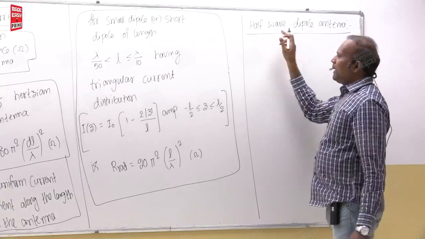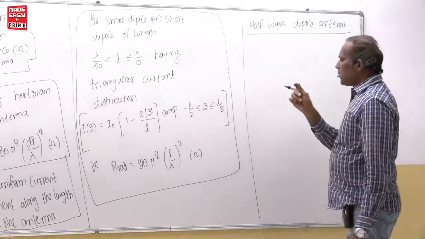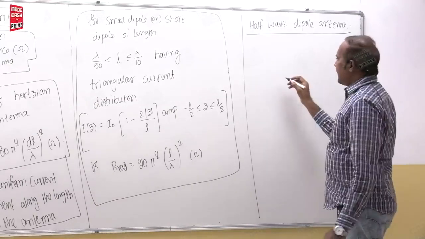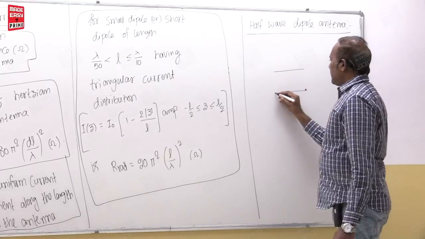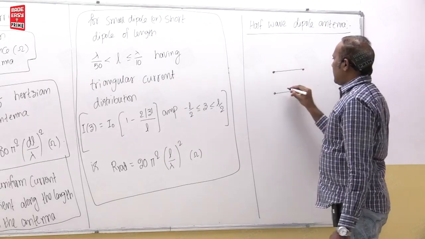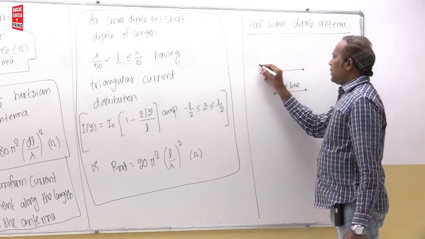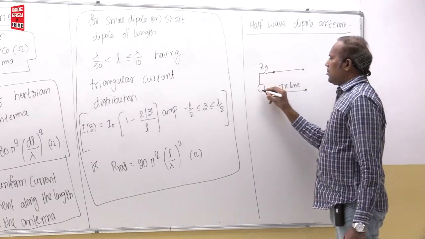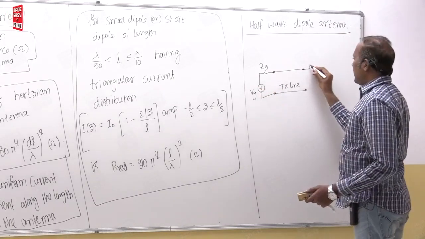Actually here half wave means half wavelength. Here dipole means two rods are there. It is given like this. So this is one transmission line here. This is a transmission line. Now here ZG, VG is there. Okay.